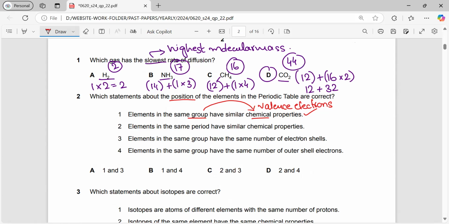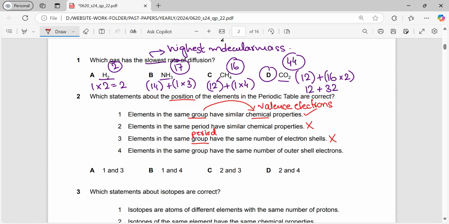The elements in the same period have similar chemical properties? No, because the period number tells us the number of occupied electron shells. Elements in the same group have the same number of electron shells? No, because elements in the same period have the same number of electron shells, not group.